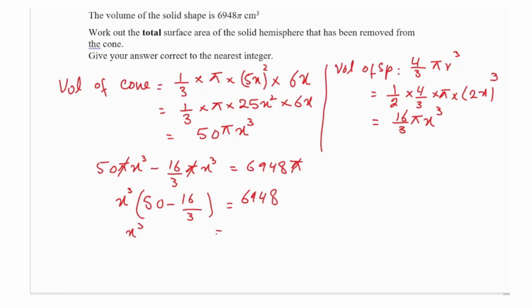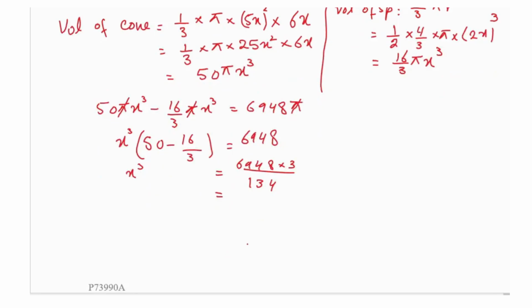If you divide by this value using your calculator, 6948 times 3 over 134 gives us x³, which is 155.552.